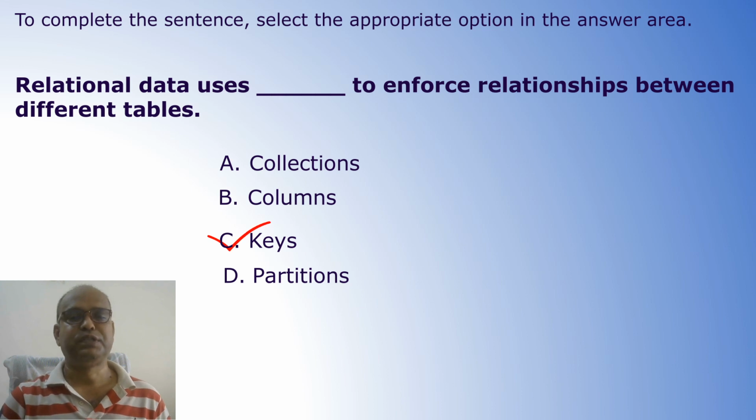The correct option is C because in a relational database, each table must have one or more fields that uniquely identify that table. Sometimes an existing attribute can be used because it's unique, but most of the time some sort of numeric ID is created. This unique identifier is called the key field or primary key.